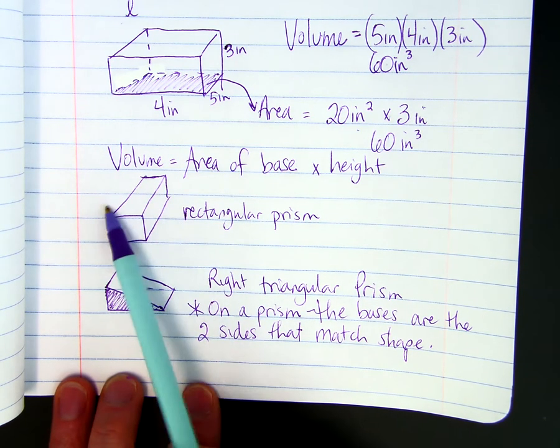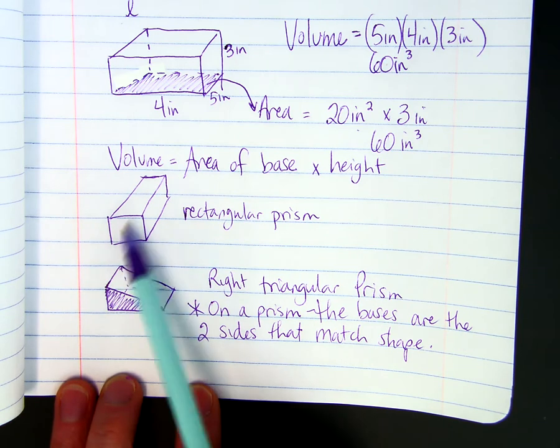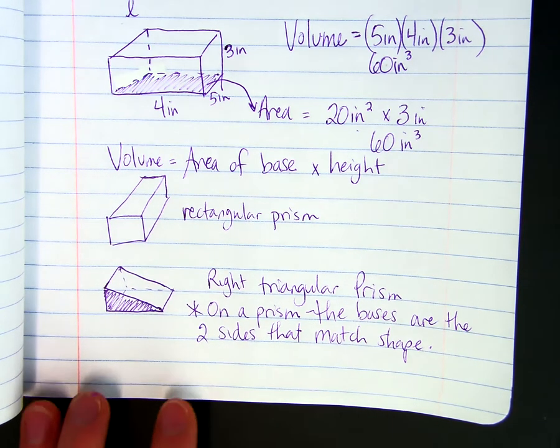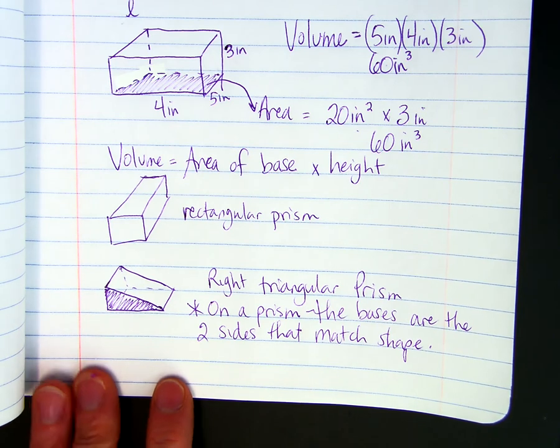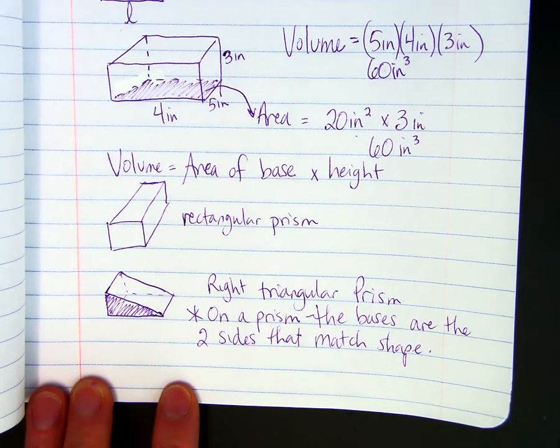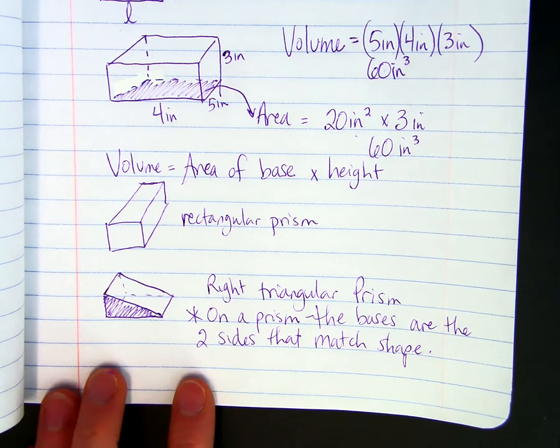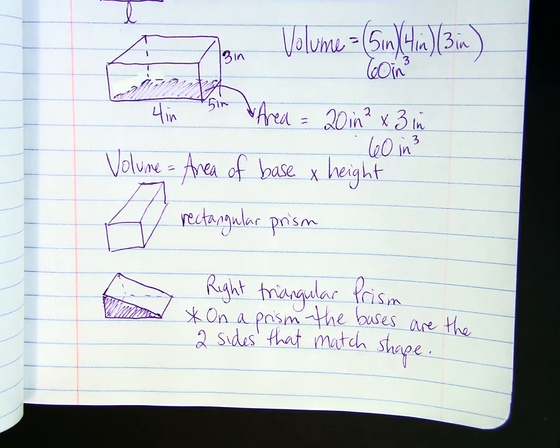On a rectangular prism, actually they have three rectangles that match each other. A hexagonal prism, it's called hexagonal because the two bases match. They're two hexagons. Okay, so that's how you know how to name it.